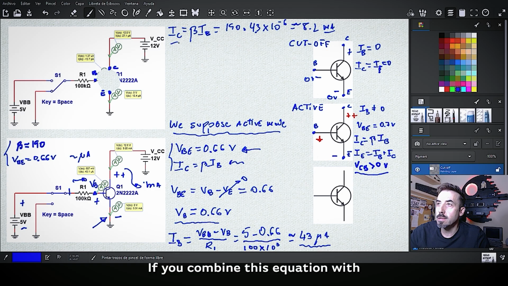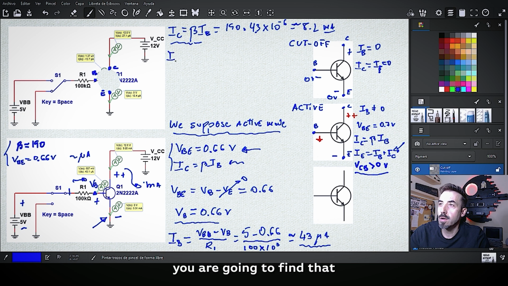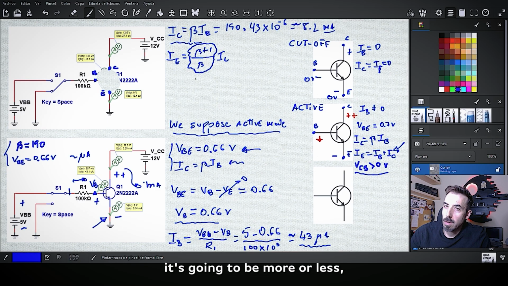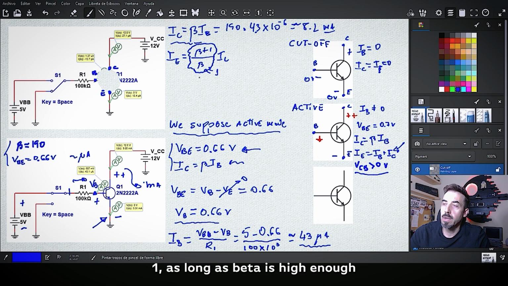If you combine this equation with the sum of all the currents, you are going to find that the current through the emitter is (beta plus 1) divided by beta times the current through the collector. This ratio is going to be more or less 1, as long as beta is high enough. What is high enough?